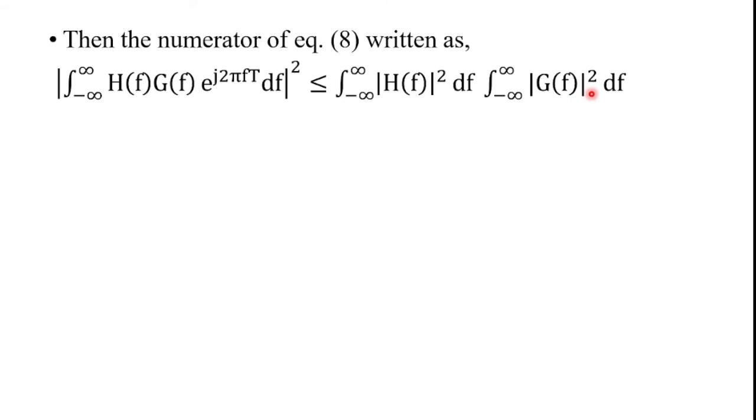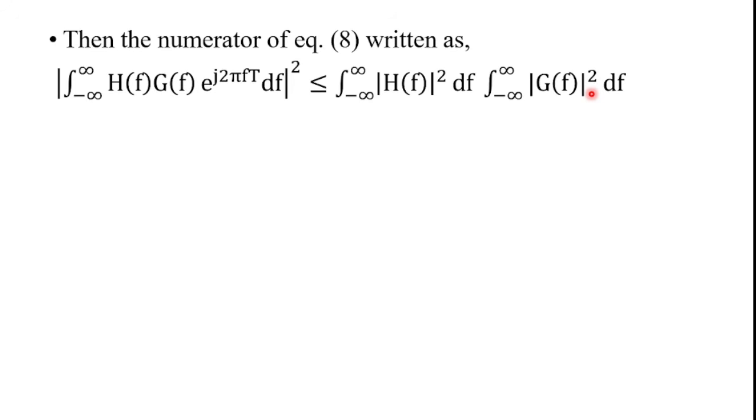So using the Euler identity, e power jx is cos x plus j sin x. E power j 2 pi f t is cos 2 pi f t plus j sin 2 pi f t. Magnitude means the square root of real part square plus imaginary part square. So using the Euler identity, what is the real part?